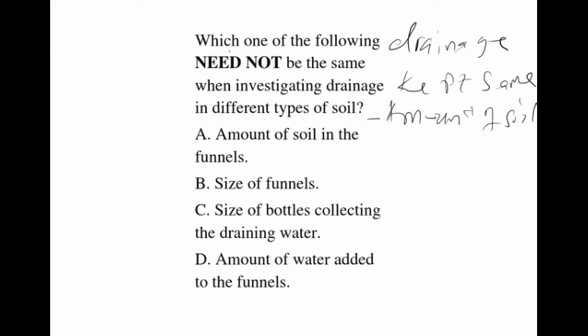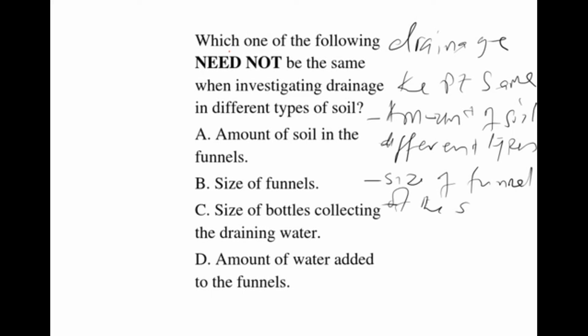But it's good to note that although the amount of soil should be the same, the soil should be of different types. 2. The size of the funnel. The size of the funnel should be of the same diameter.